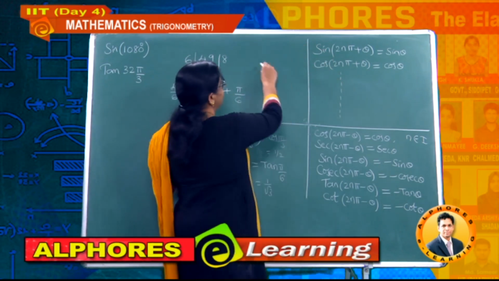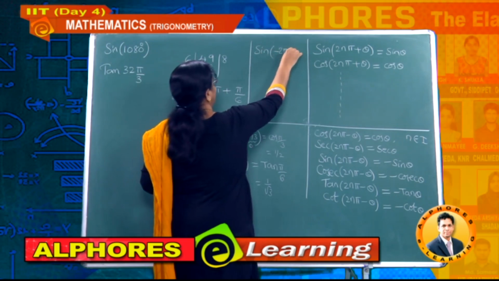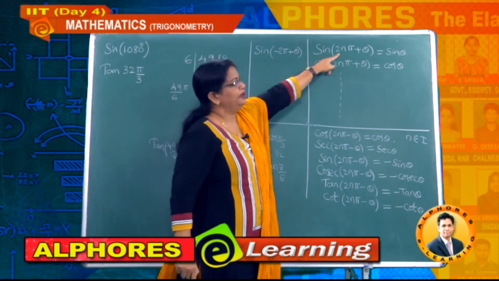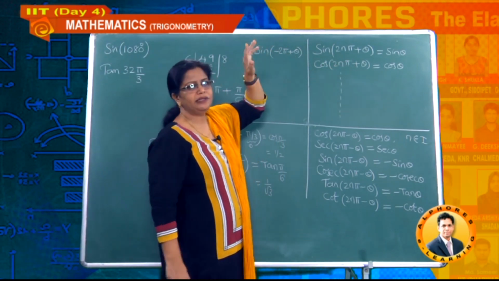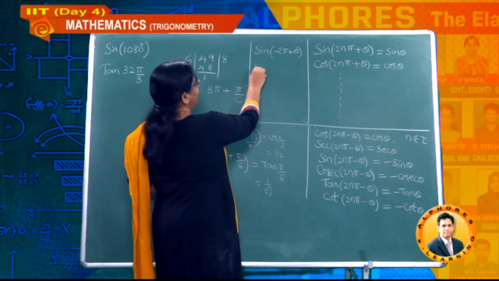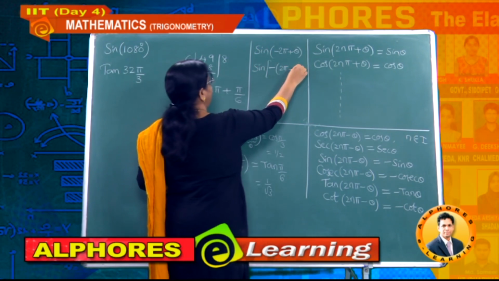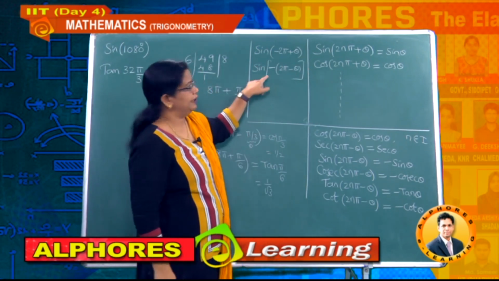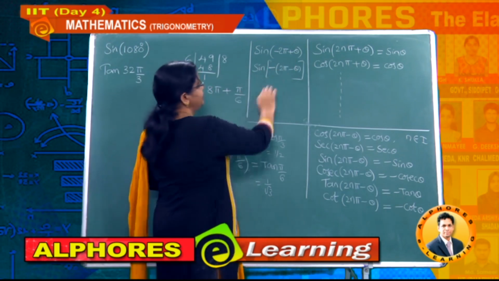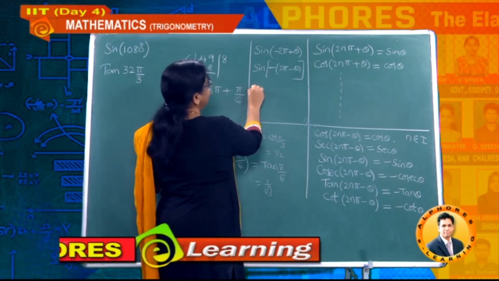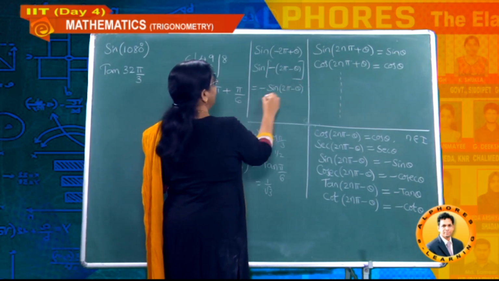Suppose you got sine of minus 2 pi plus theta. Understand? I am taking n value as minus 1. Then you will get minus 2 pi plus theta. Therefore, first of all I have to take minus common, thereby it is 2 pi minus theta. Now what form is it? Sine of minus theta. What is sine of minus theta? Minus sine theta. So minus sine of 2 pi minus theta.